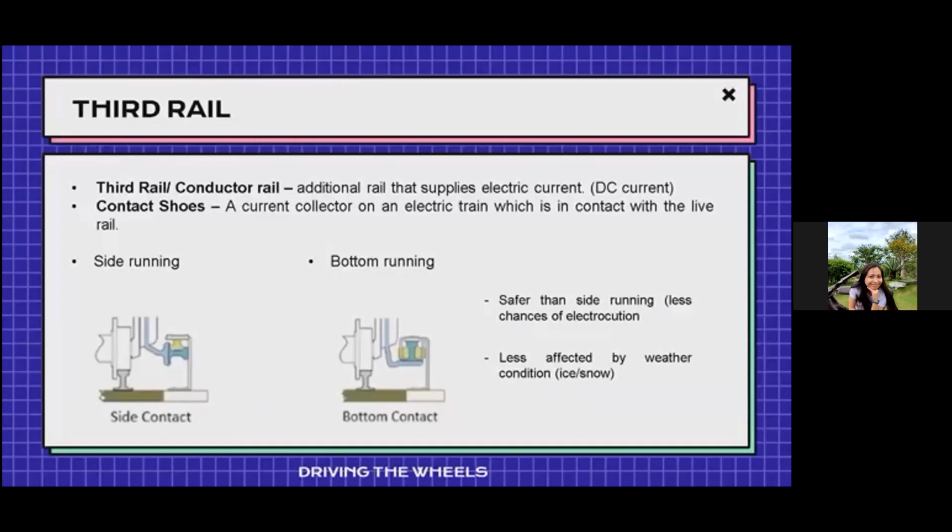Yung una, yung side running at bottom running. Yung pinagkaiba lang naman nila, yung kung paano sila nakakabit. Pero may kaunting advantage yung bottom running since nasa ilalim siya. Mas safe ito ng konti sa side running at hindi rin ito masyadong apektado ng snow at ice.